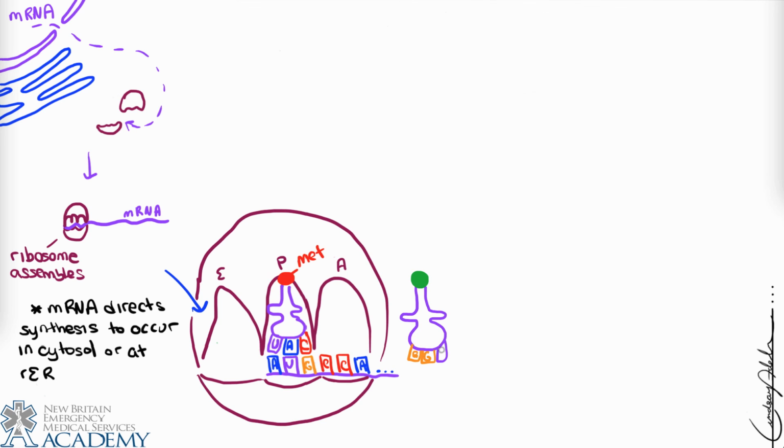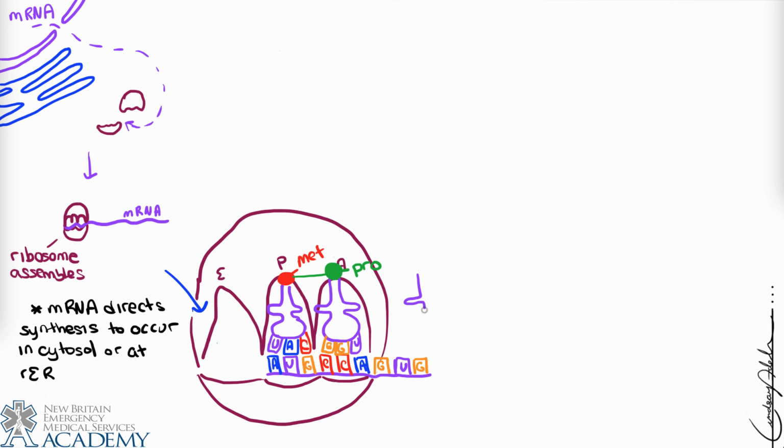So I like to think of this as very much like loading and unloading at a ski lift, or a Ferris wheel, right? If you're loading a Ferris wheel, the Ferris wheel comes down, the people get in, it moves on, the next one slides into position, you load it, and then it just continues. So the same thing is going to happen here. Our next amino acid, attached to its tRNA, is going to slide into place, and then we will have a chemical reaction between those two.